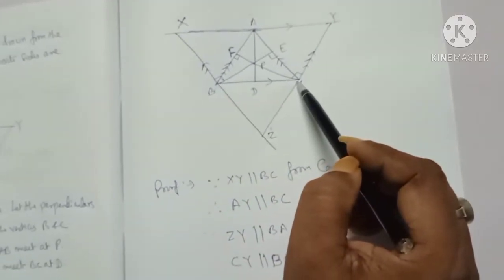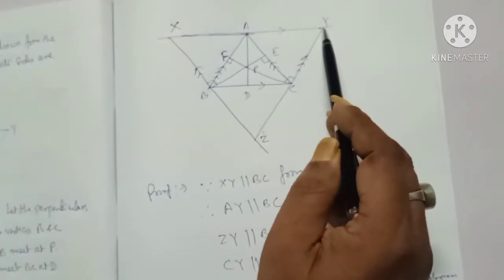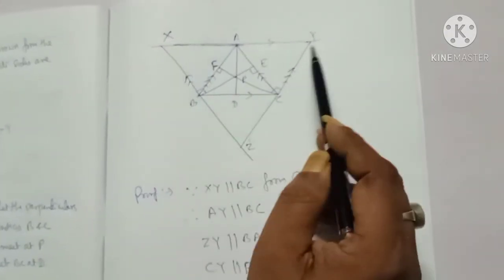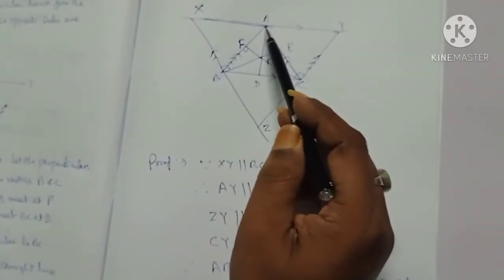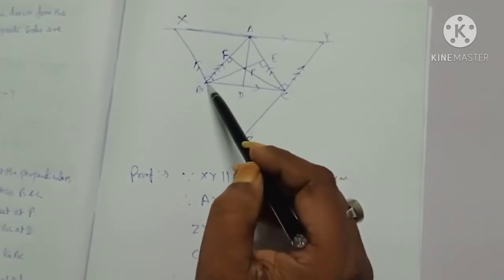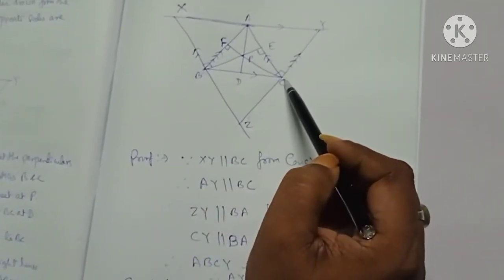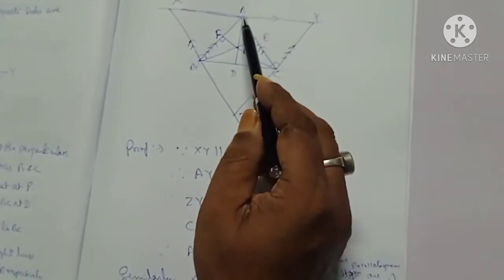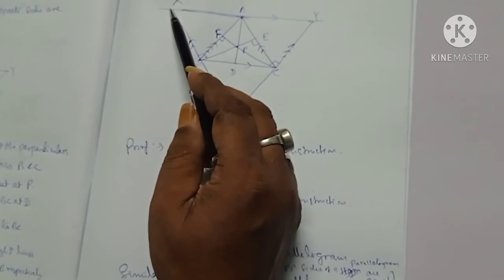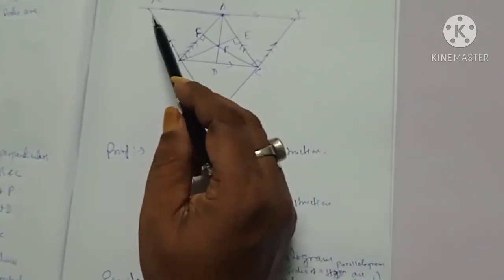From these two statements we get that XA is equal to AY, that is A is the midpoint of XY. Again similarly we can prove that here you see ABZC is a parallelogram, therefore AC is equal to BZ. Again ACBX is a parallelogram, therefore AC is equal to XB.